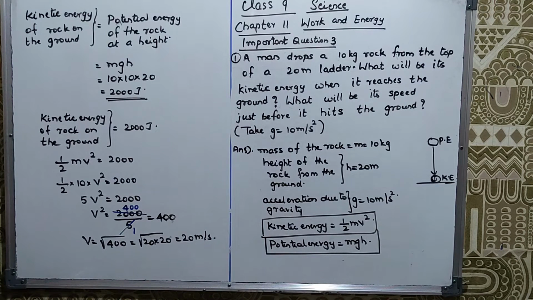Therefore, what will be its speed just before it hits the ground? That means the speed of the rock just before it hits the ground is the final velocity. Write here final velocity.